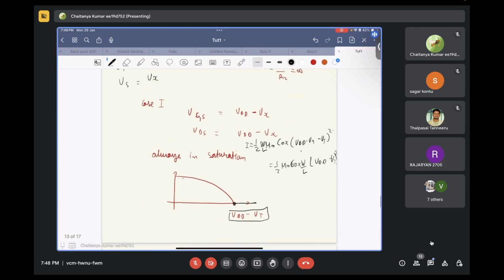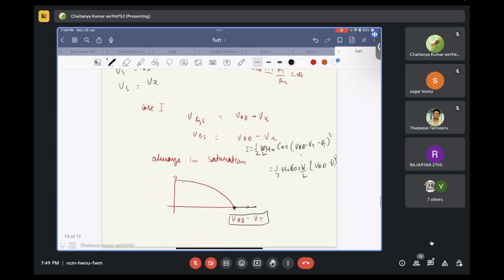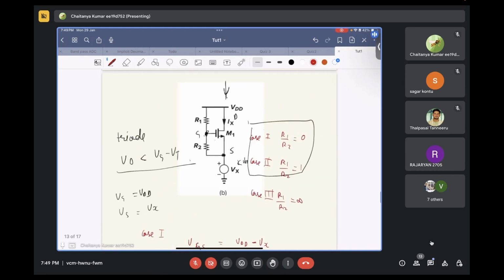Again, for the next case, case 2, when R1 is equal to R2, you can solve it, but I can just tell you your curve will look something like this. It will stop at VDD minus 2 VT and start at a value slightly lesser. Intuitively, let's say initially R1 is 0.